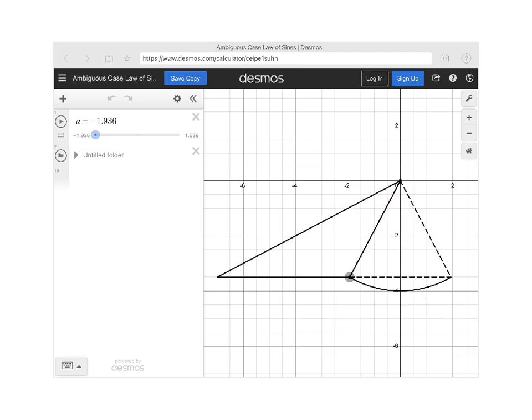So we have either an obtuse angle here, if we're going to use this side, or if we're going to use the other side here, we would have another triangle that has an acute angle up there and an obtuse angle down here. So we'll talk about how to find that.